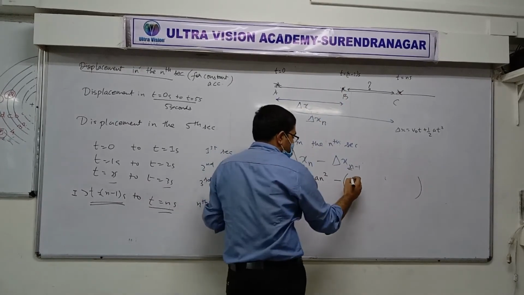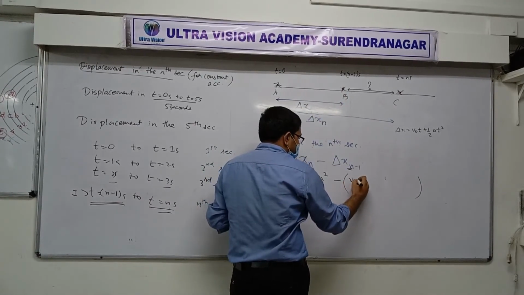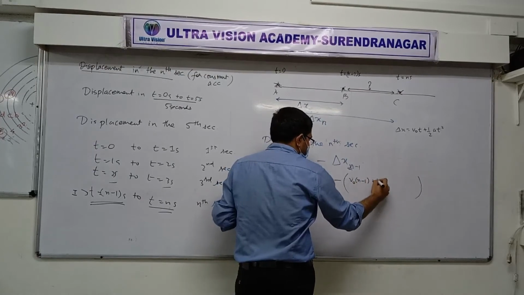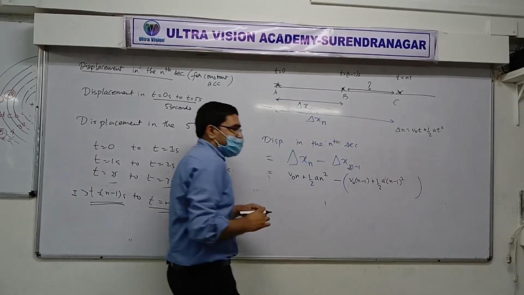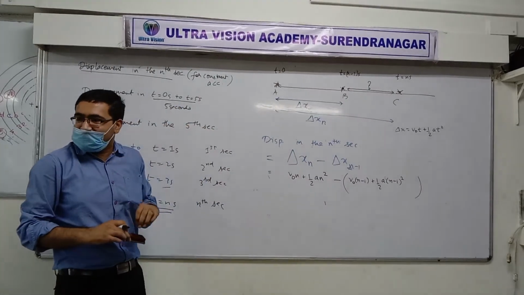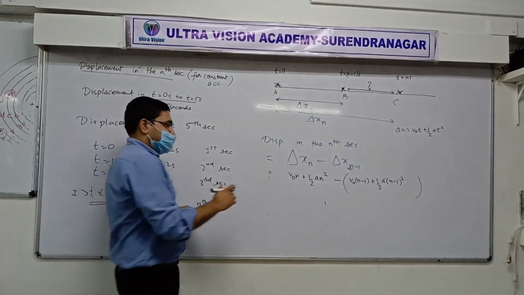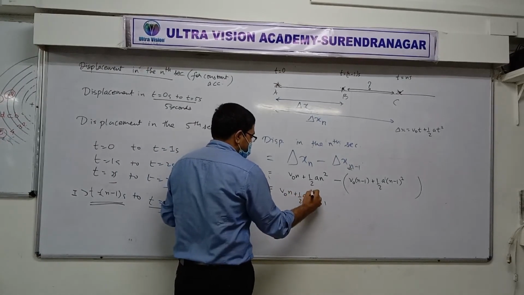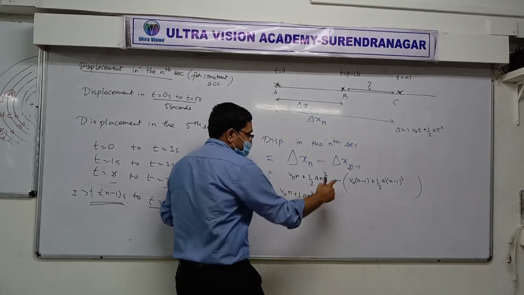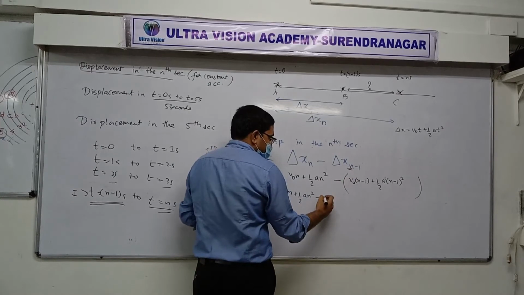N minus 1. What should I write? V0 times n minus 1 plus half a times n minus 1 whole square. Understood? Yes. Okay. Math time. V0 n plus half a n squared minus. Open this bracket.